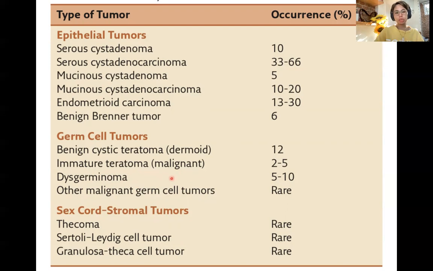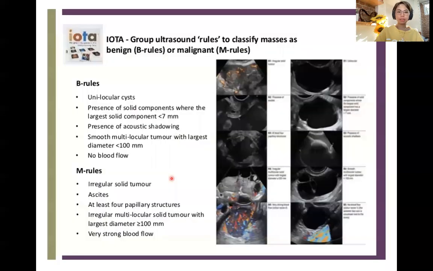This germinoma is malignant. So look into the chances of bilaterality. While for sex cord stromal tumors, these are rarely bilateral. Okay, I think I have mentioned this already. The B and the M rules. Of course, when we are dealing with benign, it's more here. If malignant, here.